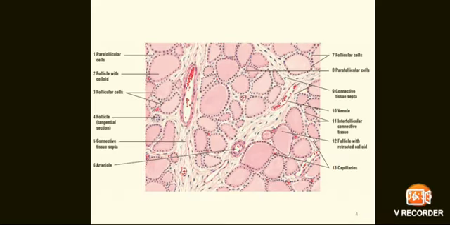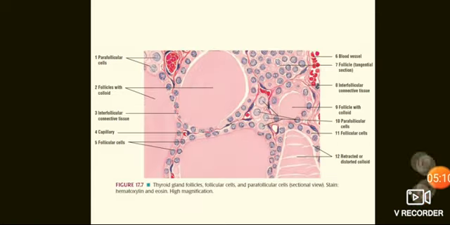Now the hormones secreted by the thyroid gland. The follicular cells secrete two hormones, T3 and T4. T3 is triiodothyronine, and T4 is tetraiodothyronine, also known as thyroxine.